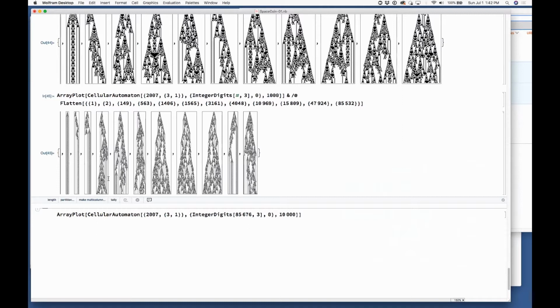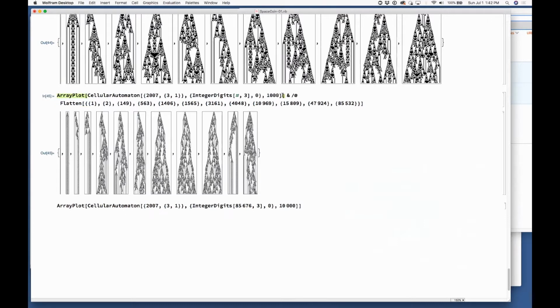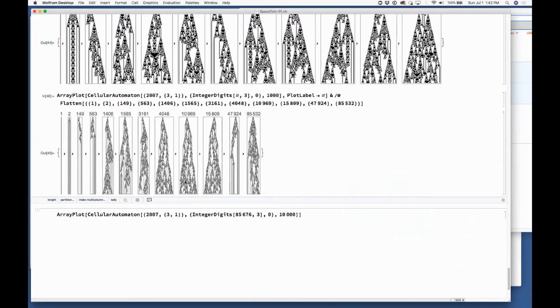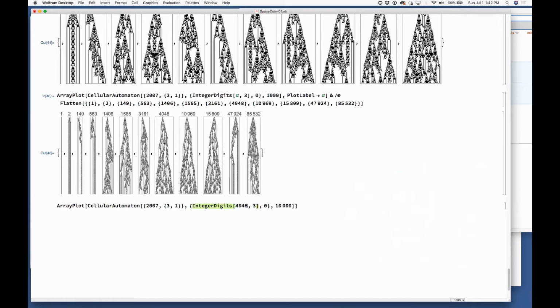And this one here, which number is that? This is very primitive. 1, 2, 3, 4, 5, 6, 7. Am I miscounting this? Why don't I just label them? Let's say in here, plot label, arrow, hash. Okay, so that is number 4048. So let's try 4048.